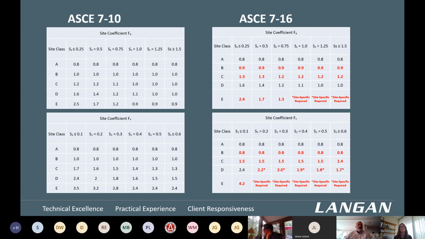And the other important point here is that these tables, especially for the long period site coefficients for site class D, which represents a stiff site condition, have increased, and they have an asterisk next to them. And the asterisk says that you have to do site-specific determination of ground shaking at a particular site. Next.